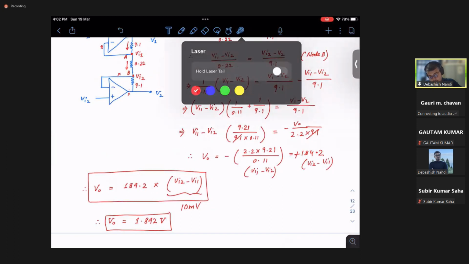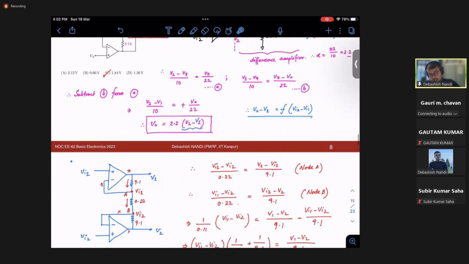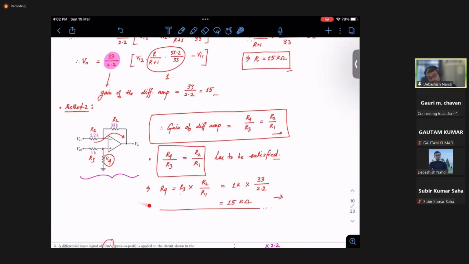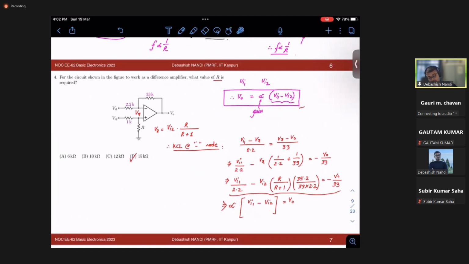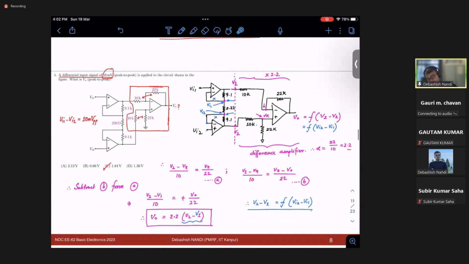Here also we have the same thing, this is also a difference amplifier, some difference of the input and then it is amplified to get some output. So can you tell me what is the advantage of using this two-stage circuit? If you can unmute yourself and tell me why I need to use this kind of topology?